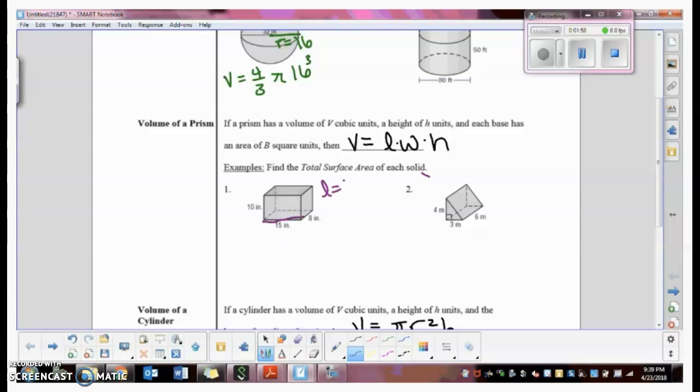So if you have a rectangular prism like this one, it doesn't really matter which one is length, width, or height, because it's all commutative. You're just multiplying across. So 15 times 8 times 10 is going to be the same thing no matter what order you do it in.